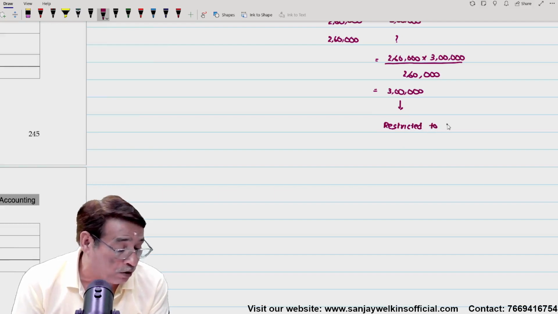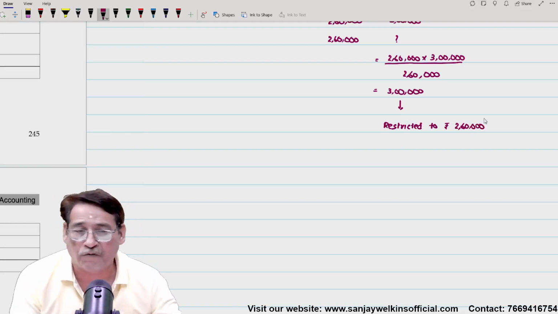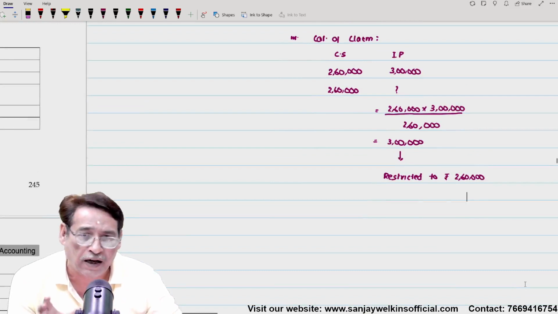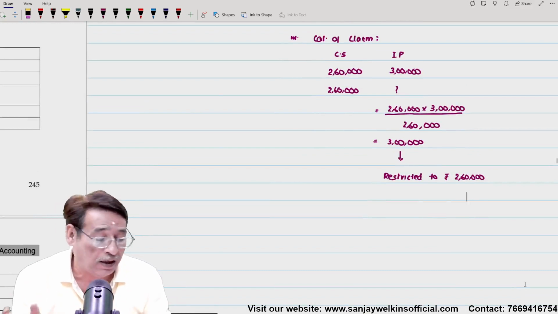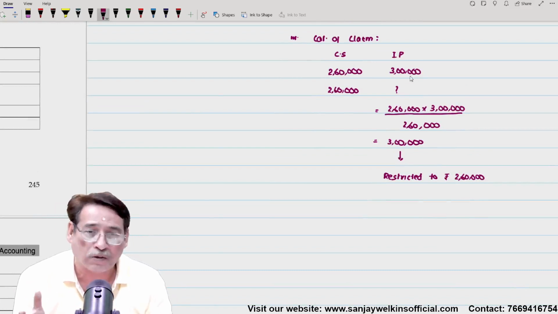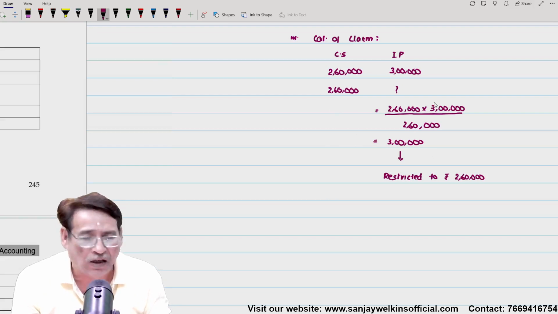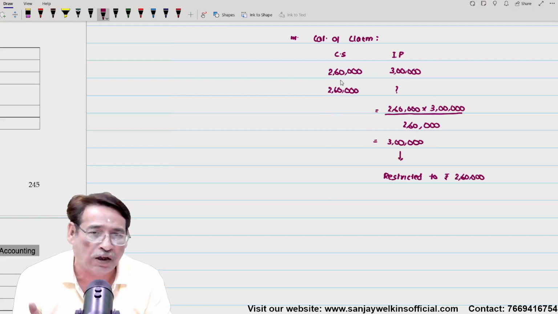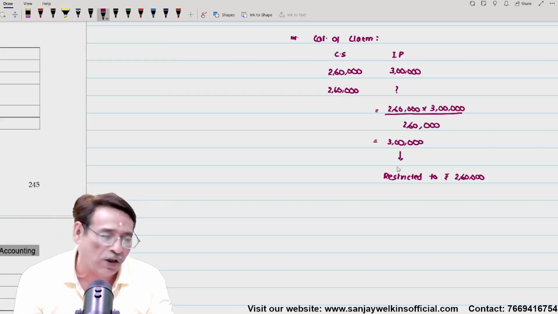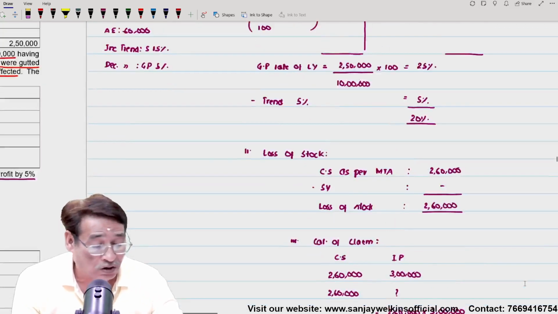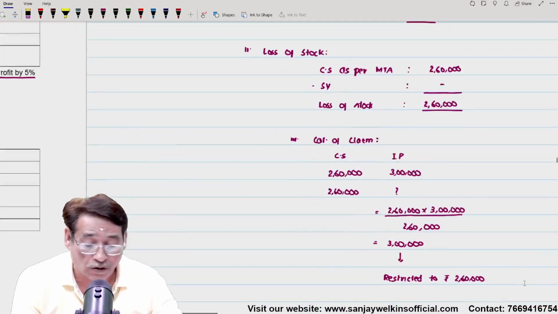If you remember, in the initial stages, when I started this chapter, I had mentioned this point: in case your policy amount is more, then you can straight away write that claim amount will be equal to loss amount. Correct? You could have written straight away without any calculation because policy amount is more than this amount. So your claim amount will be equal to 2,60,000. If you want to show it in this manner, you can show it. So this is one part of the question, loss of stock policy.